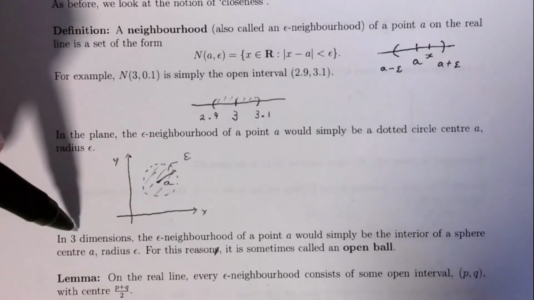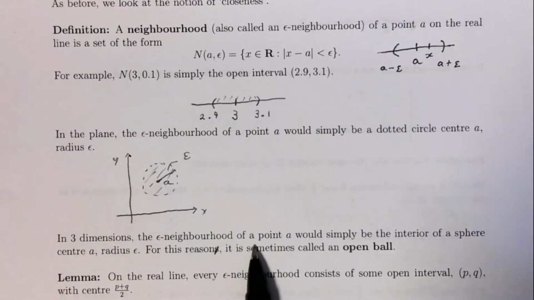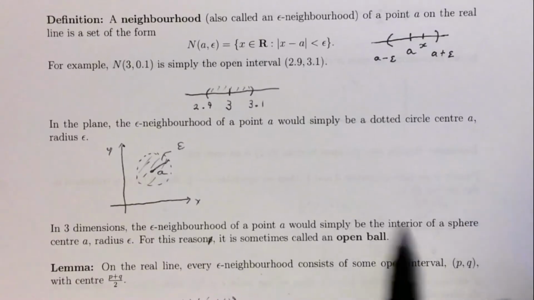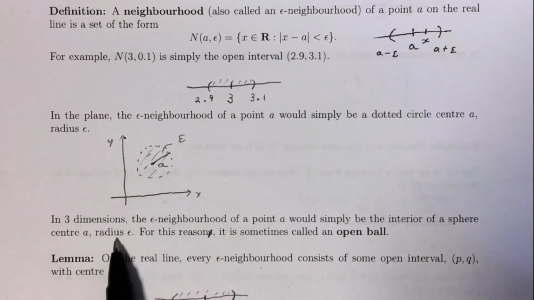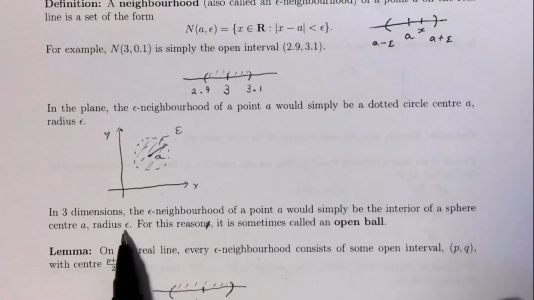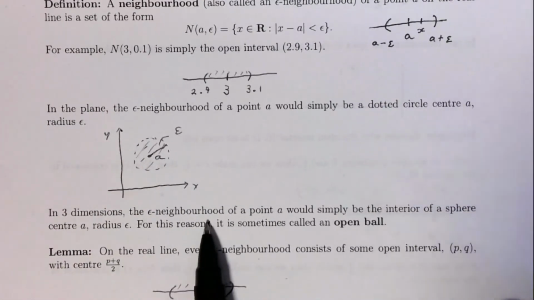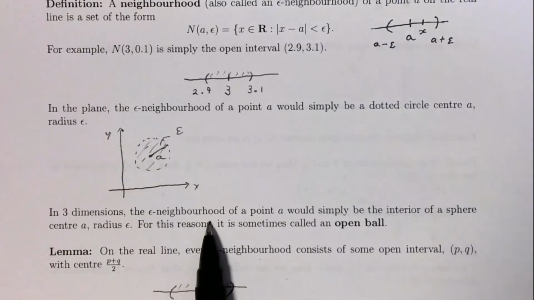And in 3 dimensions, the epsilon neighbourhood of a point A would simply be the interior of a sphere, centre A, radius epsilon. And for this reason, it's sometimes called an open ball. But I'm not going to use that word here very much. We're going to talk about just epsilon neighbourhoods.